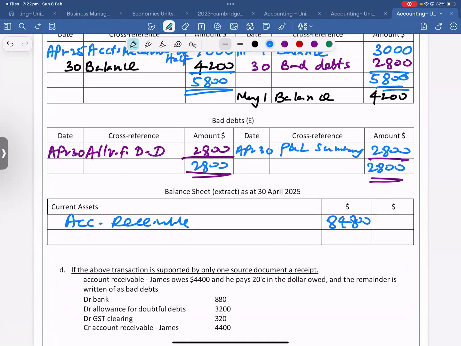And then allowance for doubtful debt. Remember, guys, in the balance sheet we can't write the acronyms. We have to write the full version. Allowance for doubtful debt. How much was it? 4,200. Yep. Then 80,600.